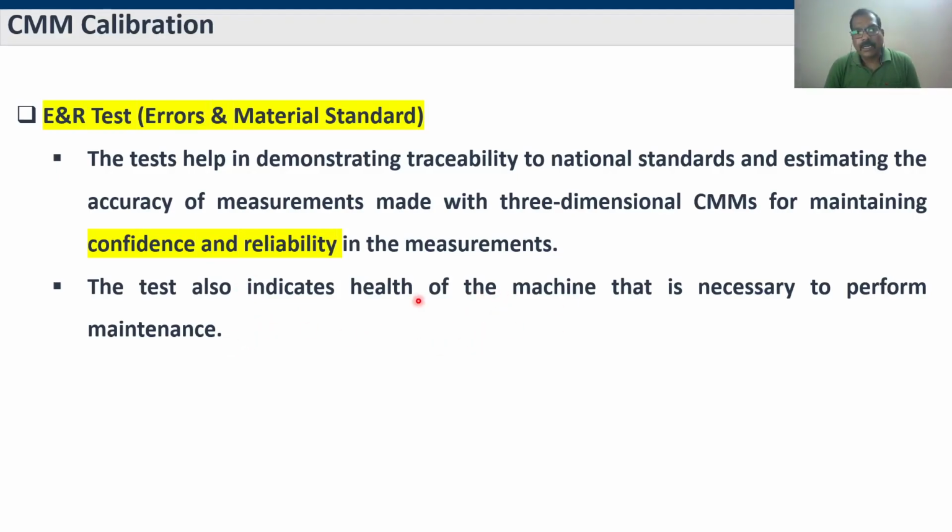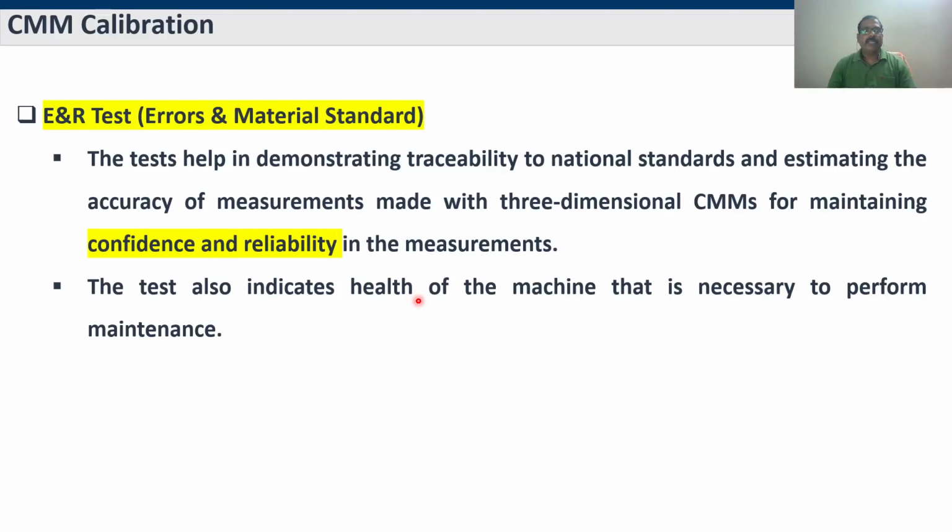If it is not required by any company, if they are not coming and asking for any calibration certificate, leave that. But if you want to know what my machine is capable of, what the accuracy of my machine is, what the life of my machine is, you can do this kind of test. All machines won't give the same accuracy level. If you buy one now, after 10 years will it give the same?